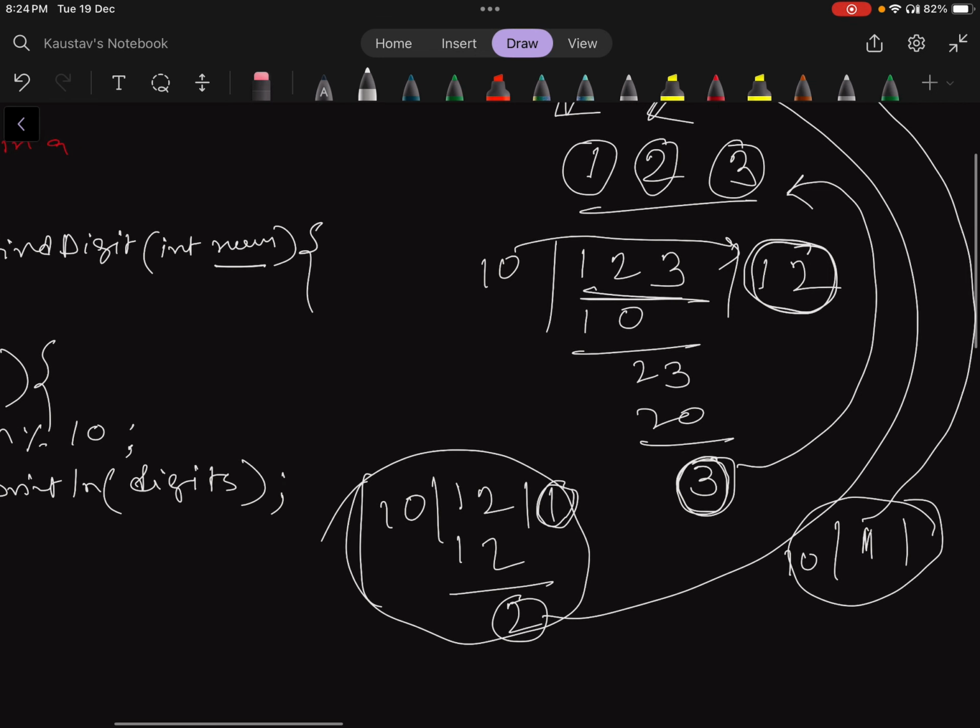Let's say 123 was the whole number. When we are dividing it by 10, the quotient is 12. So this is what is remaining, because if we divide some number by 10, the quotient will be the remaining part of the number, not the remainder, but the remaining part of the number.